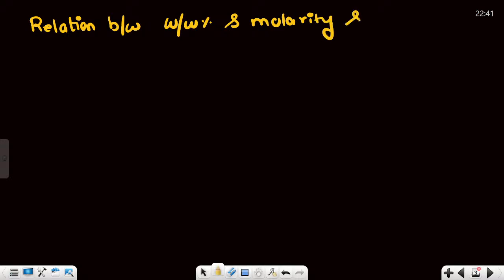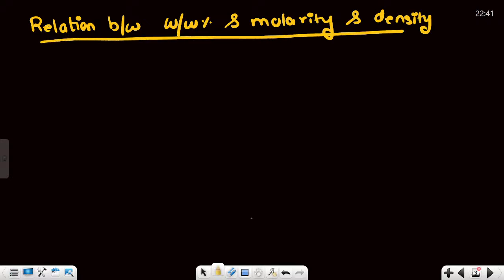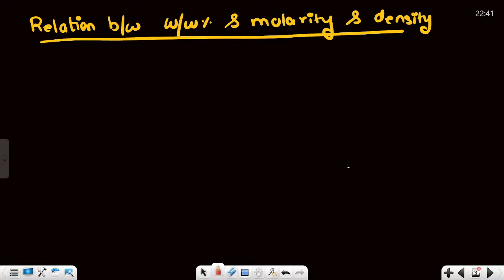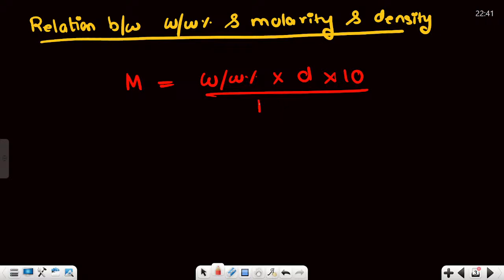So there is a specific relation between them. What is that relation? That relation will be used in NEET especially most of the times. That is, weight by weight percent into density into 10 divided by the molar mass of the solute.